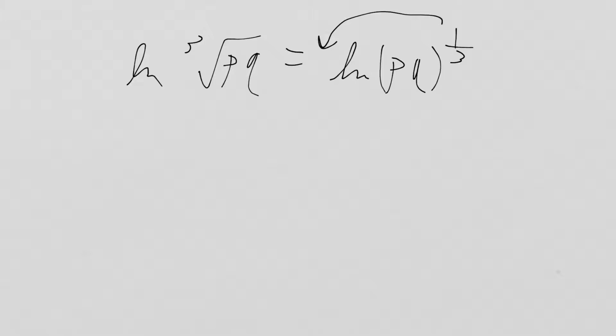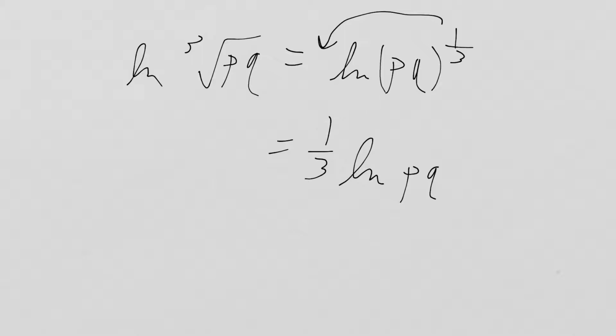So this is the same as the natural log of pq to the 1/3. And remember, the power property says that we can move this 1/3 in front of the natural log. So this becomes 1/3 natural log of pq.